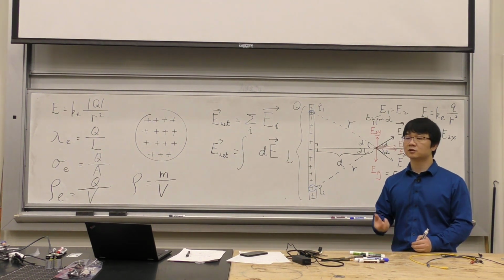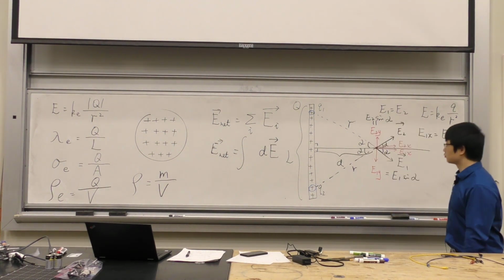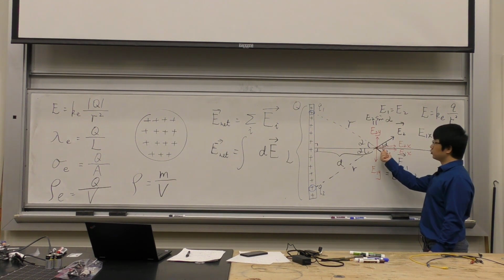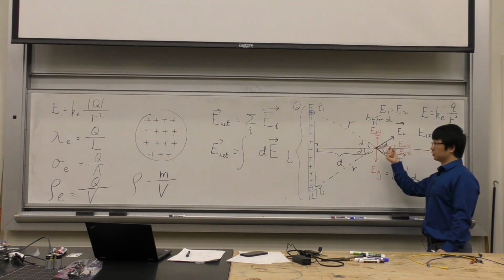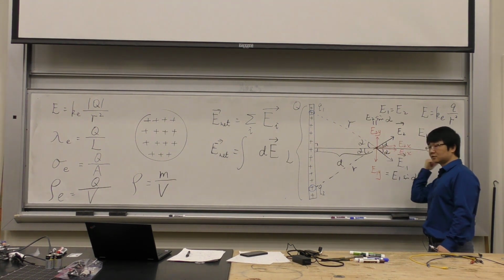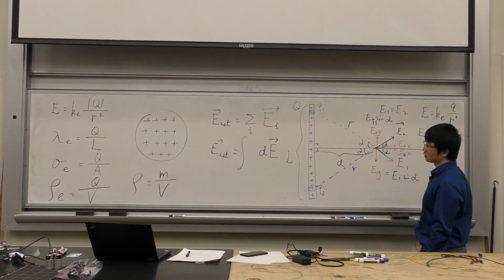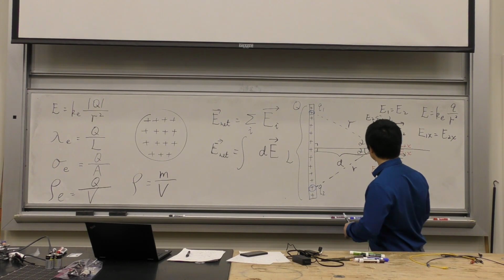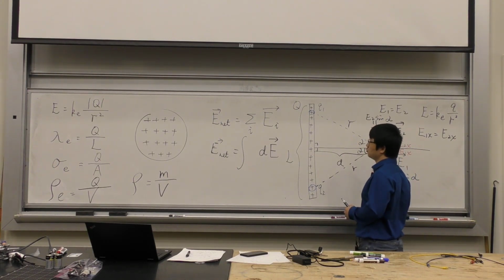So you see that using this symmetry, we actually reduce this problem of the electric field to a scalar, because we only need to worry about the X component. All these Y components are just going to cancel out. You don't need to worry about that. So that's the first conclusion we drew.